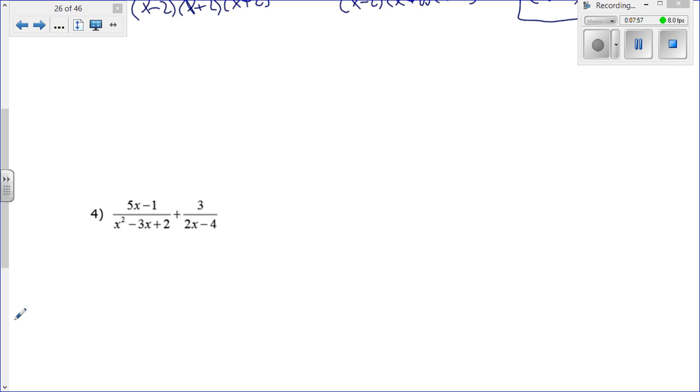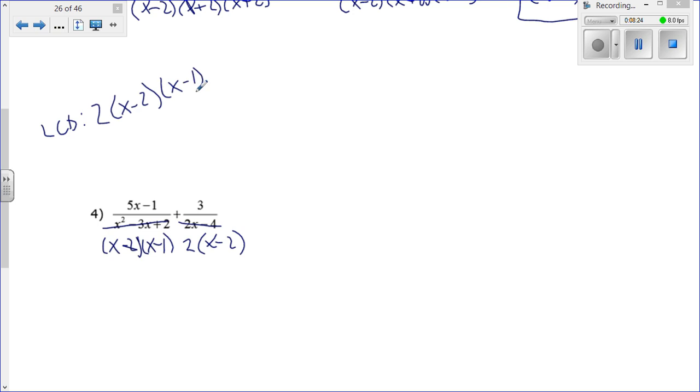For the last problem, we need to factor our denominators. X minus 2 and x minus 1. And over here I have 2 x minus 2. So my LCD, I see a 2, I see an x minus 2, and I see an x minus 1. And in this first fraction, the only thing that's missing is the 2. And in the second fraction, I'm missing an x minus 1.